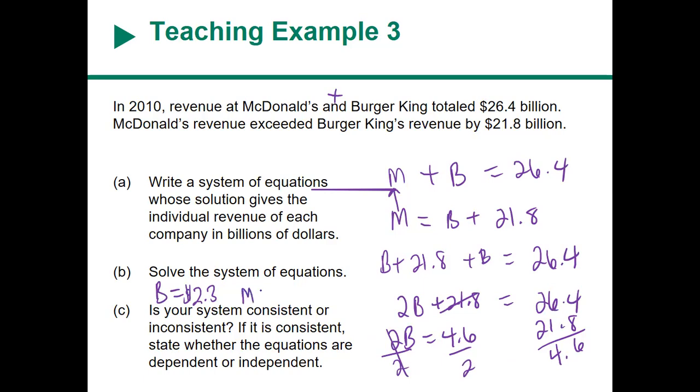McDonald's therefore had the other part, and how much did McDonald's have then? Well, 21.8 plus 2.3, which puts them at 24.1. Sounds right, because you have to carry. So 24.1 billion.